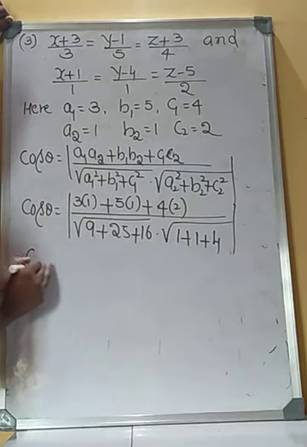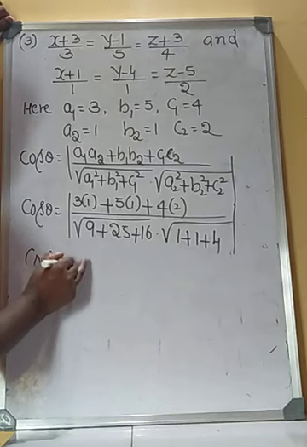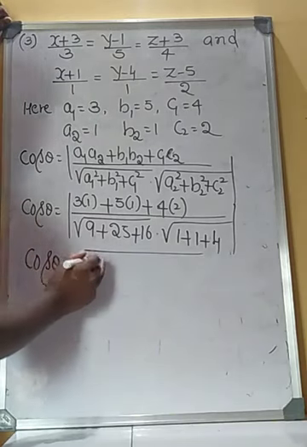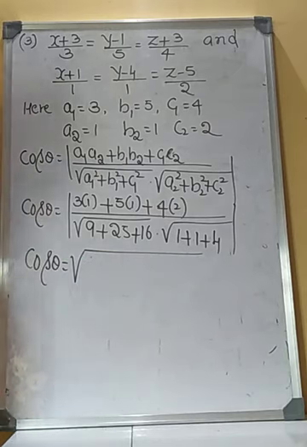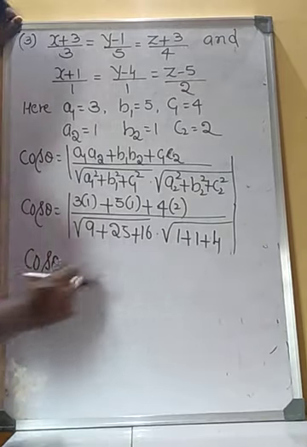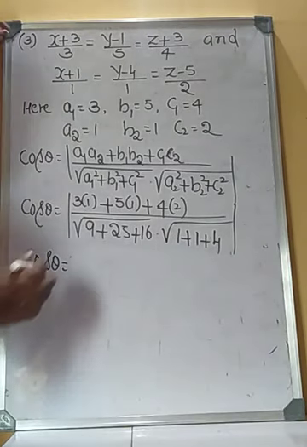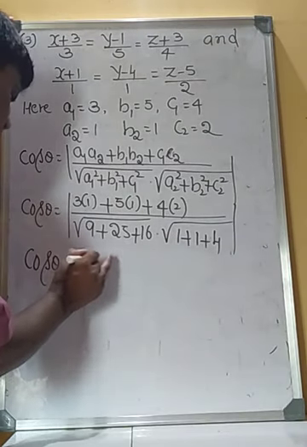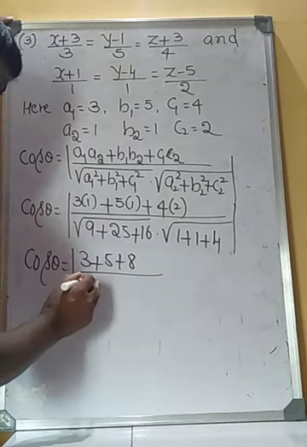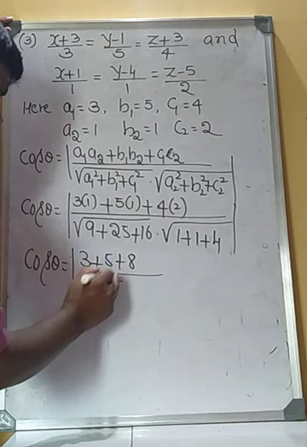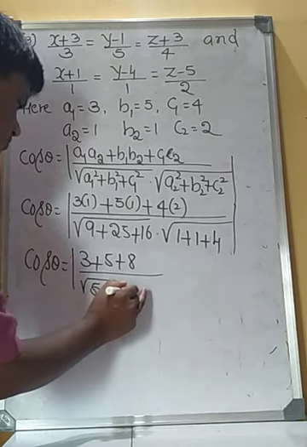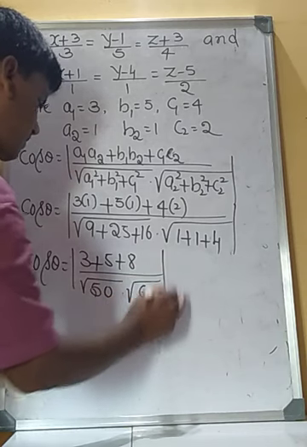Therefore cos theta is equal to magnitude of 3 plus 5 plus 8 divided by root of 50 into root of 6.